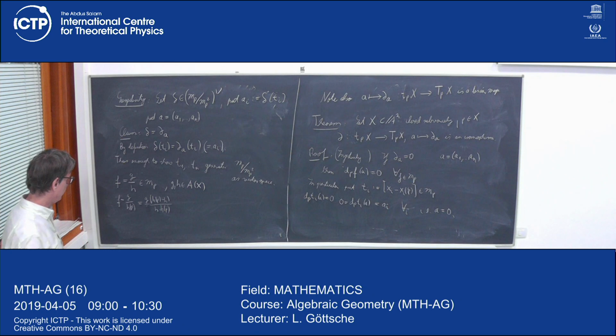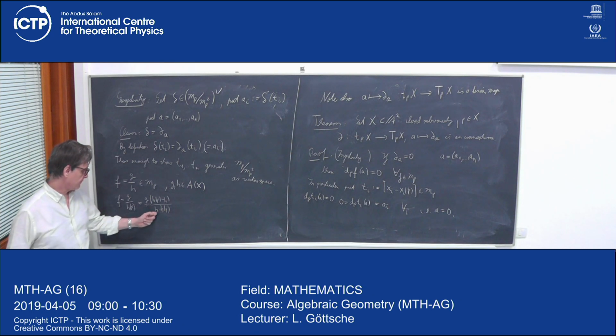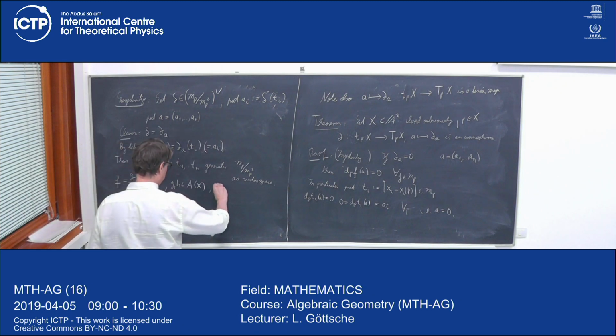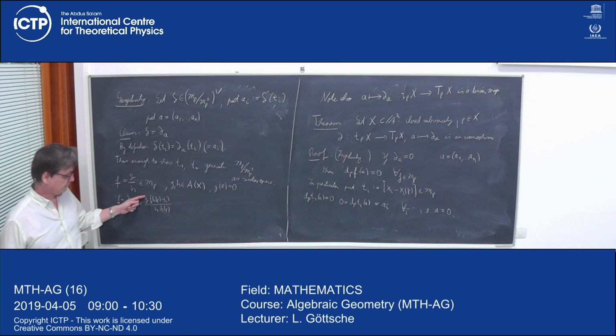And you can see, if I evaluate this at P, H of P is non-zero, and this is an element. So this is in AX, and obviously G of P is equal to 0. So this vanishes here.